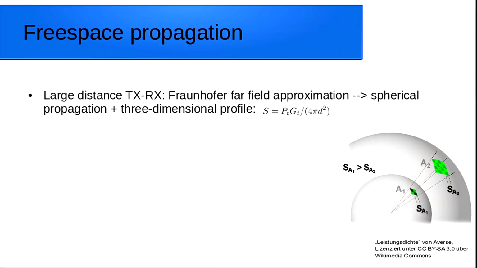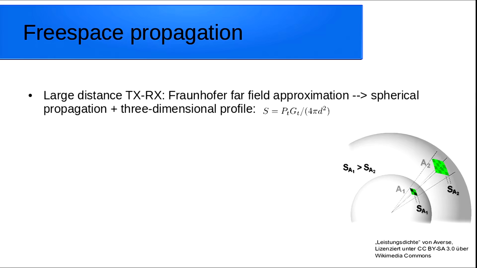If we take a look at free space propagation in the real world, we assume we have a certain distance between the transmission antenna and the receiving antenna. And it's good to assume that this distance exceeds the antenna length and also the wavelength by several multiples.